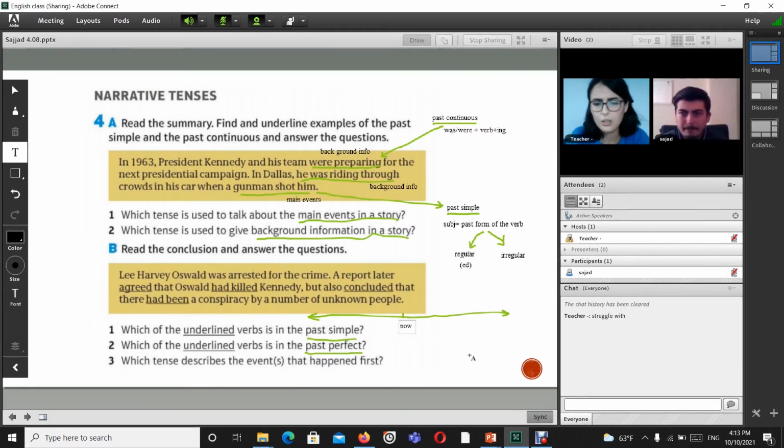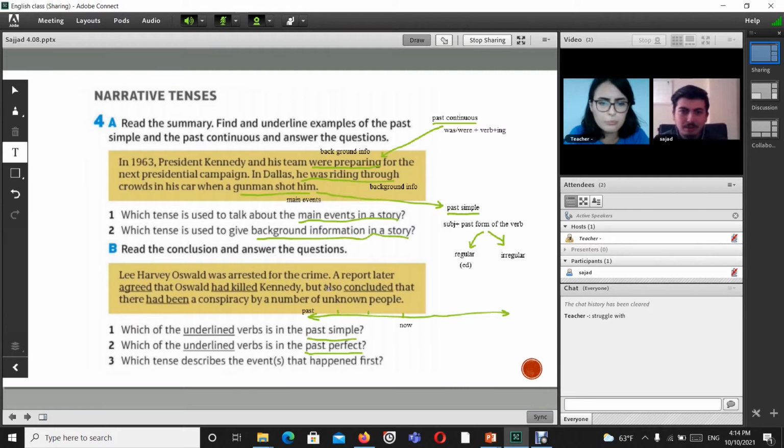All right. Now, let me ask a question about the first sentence. A reporter later agreed that Oswald had killed Kennedy. Which action between these two happened first? Had killed Kennedy.